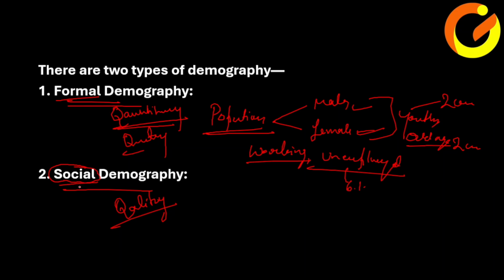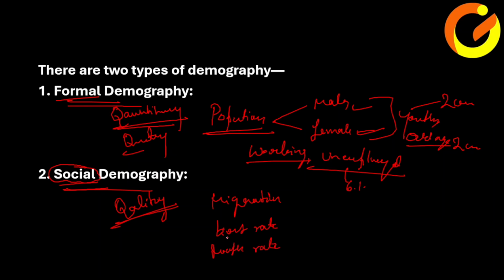Clear? Now, social demography means the quality, which means the life of the people. For example, I can say migration of the people. People migrating means there is a qualitative issue as well, right? So migration and the birth rate of the people and the death rate of the particular community.